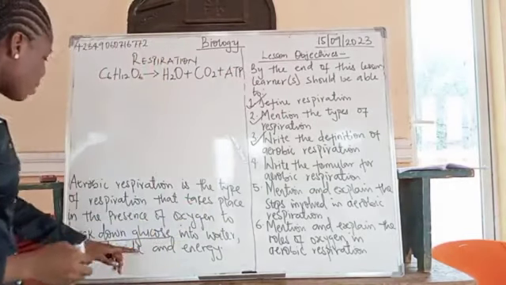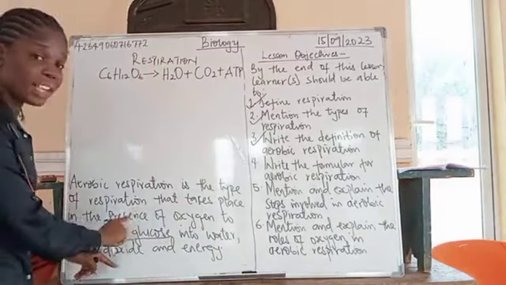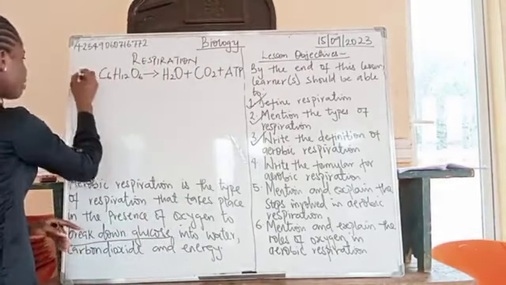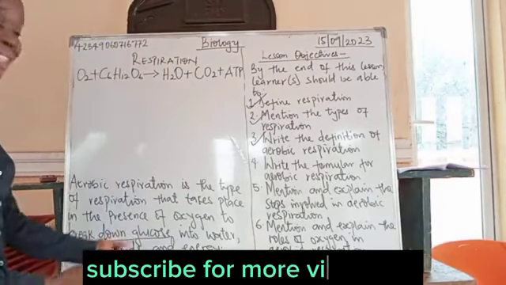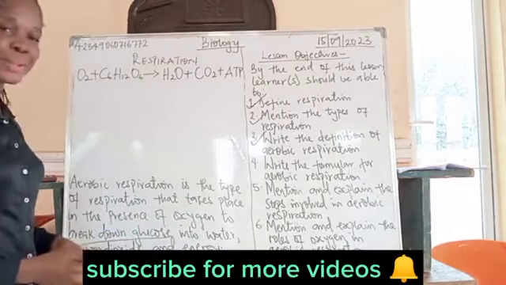So, we now say that it takes place in the presence of oxygen. So, we have oxygen here. This is simply the formula for aerobic respiration.